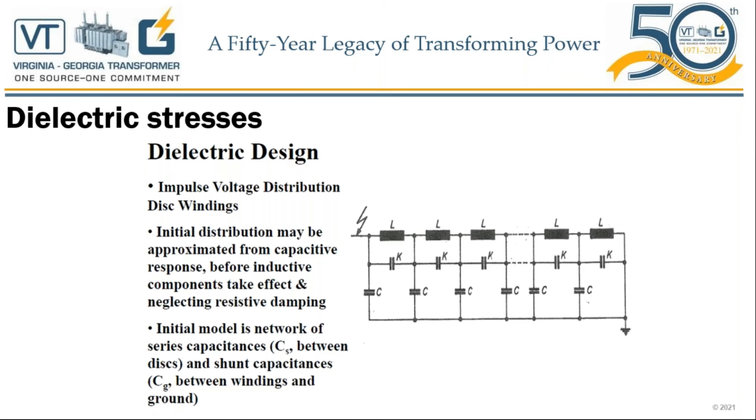The initial distribution may be approximated from the capacitive response before inductive components take effect, neglecting resistive damping. Remember, transformers are RLC circuits. There's resistance, there's capacitance, and there's inductance. The initial model is a network of series capacitances between the disks and shunt capacitances between windings and the ground.